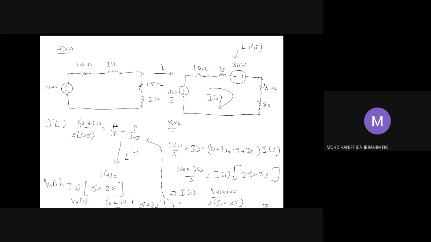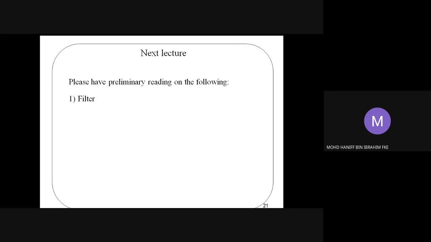I think we have ended chapter 5 with this example just now. From next week onwards, which is week 11, we're going to proceed with the filters. The filters lectures will be about 2 weeks. We're not going to have online classes.